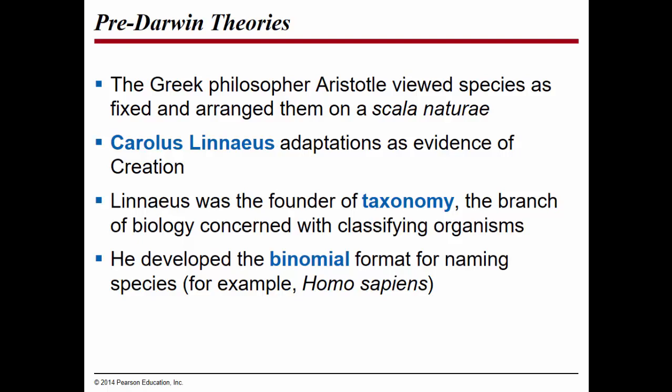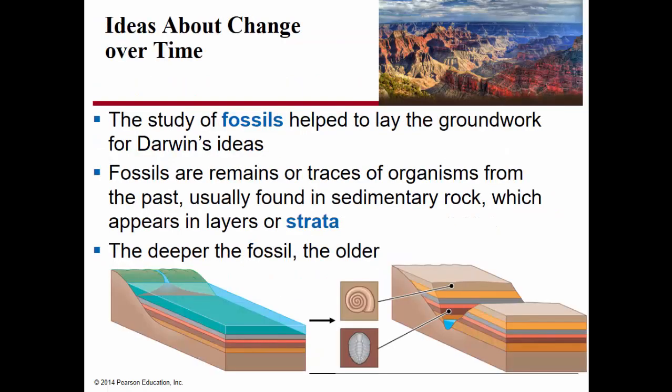In addition to ideas about how species arose and how to classify species, other important ideas that influenced Darwin's thinking were not only in the field of biology, but in geology.